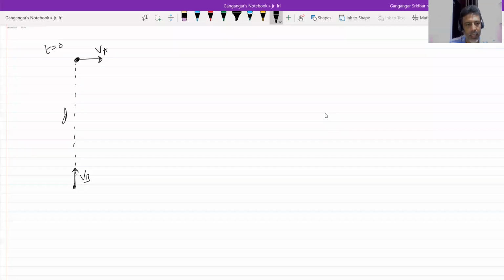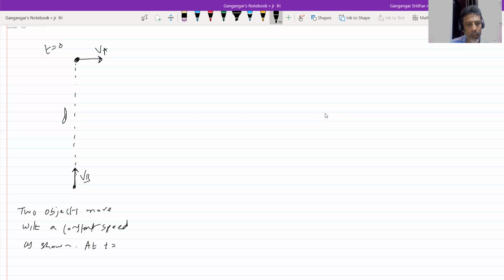Two objects. I'll write the condition. Two objects move with a constant speed as shown at t equals 0.